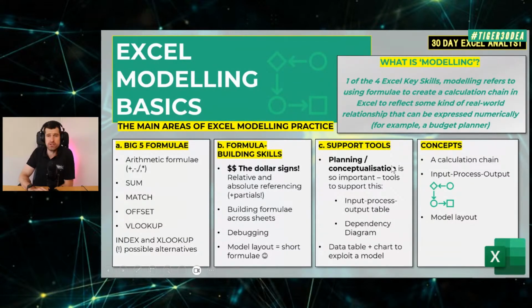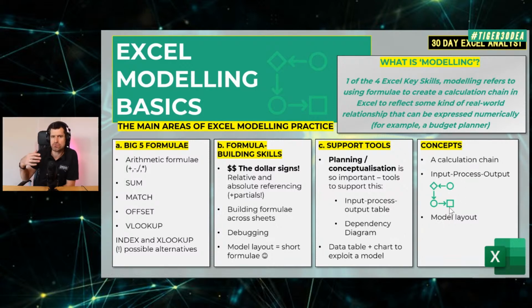Also, we're going to talk about support tools, planning and conceptualization. Clear conceptual thinking, another one of our Excel meta skills. And we've got 2 specific tools that we're covering later in the program: the input process output table and a dependency diagram. A dependency diagram is a visualization of the dependencies in a model. This could be considered a big simplification, but this does capture the essence of what a dependency diagram looks like.